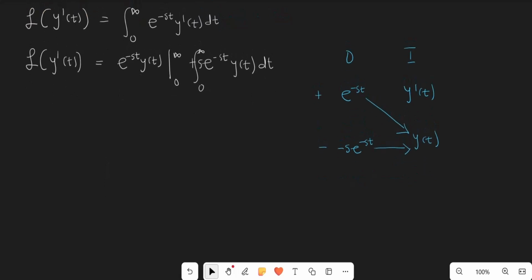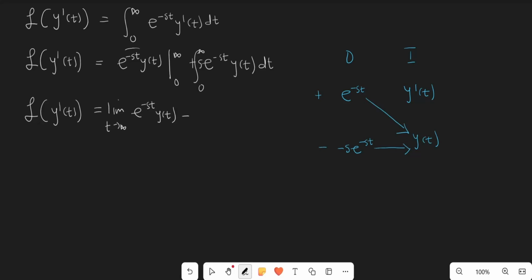Alright, cool. So now let's evaluate the limit. The Laplace transform of y prime of t is equal to the limit as t goes to infinity of e to the negative st multiplied by y of t, minus, we plug in 0 as the lower limit.